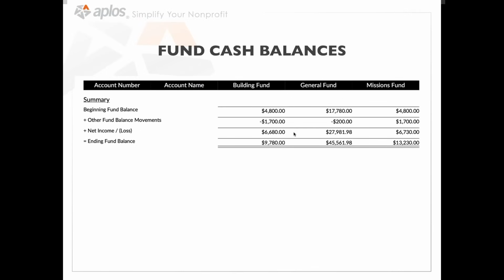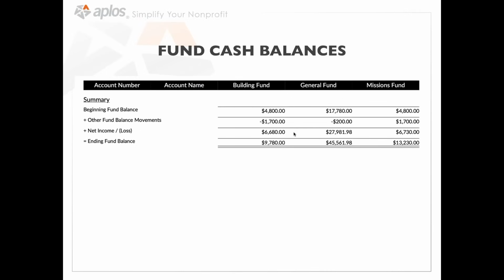And then you have your other fund balance movements. This is going to include anything that impacted the fund balance that was not income or expense related. So this would apply to principal payments. This could be maybe accounts receivable or payable that was counted towards a prior period, but received in this period, something like that.